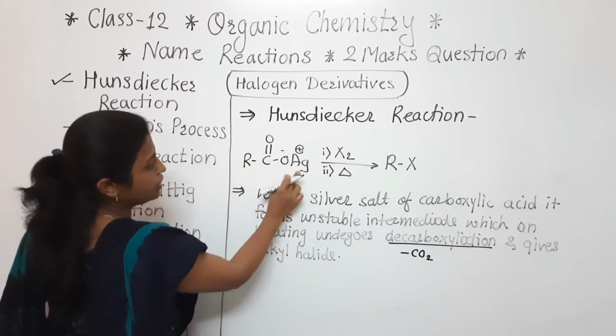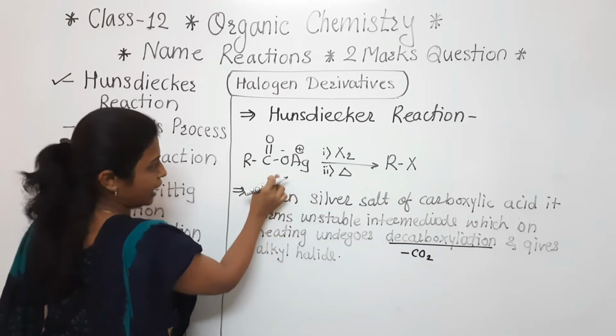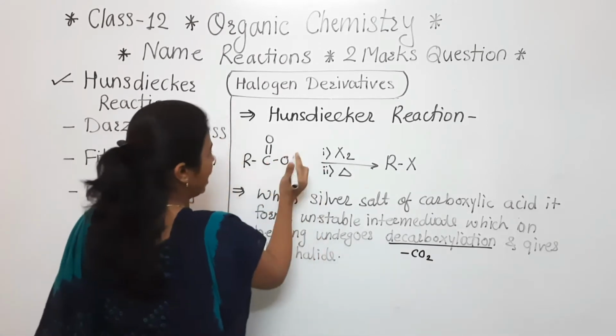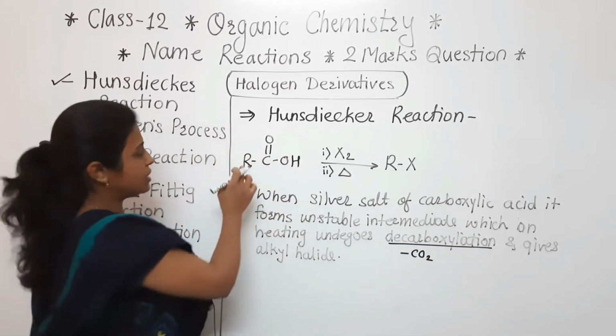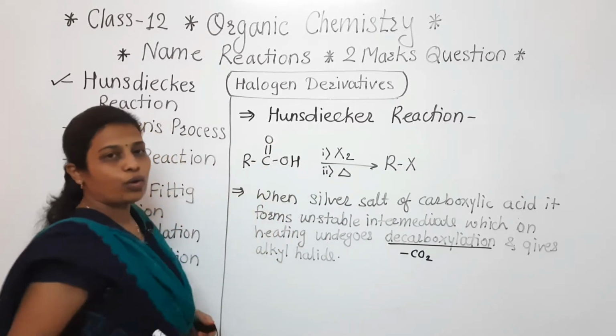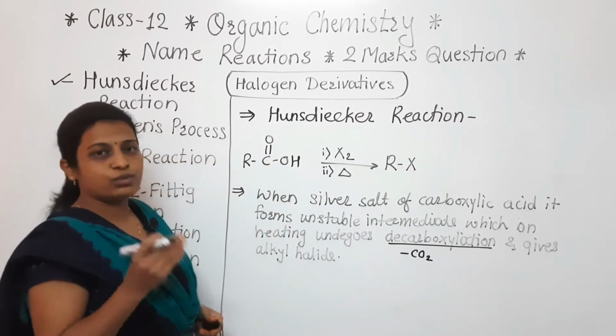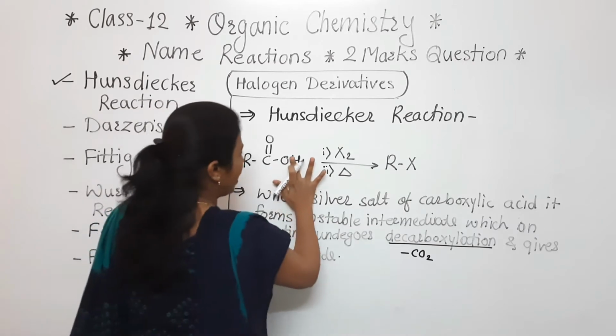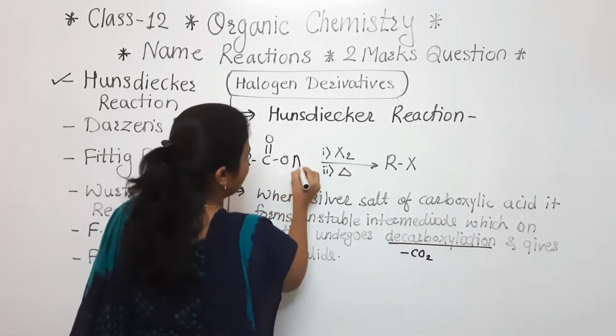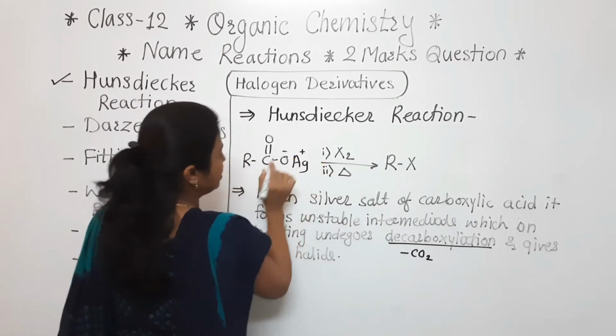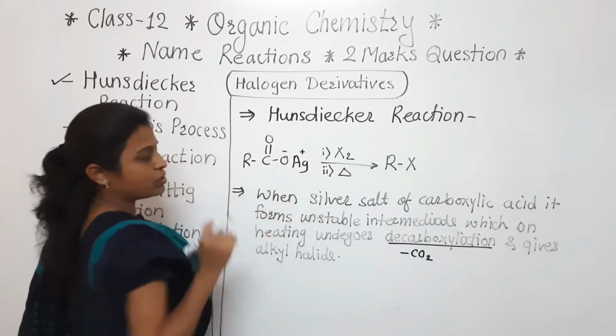Firstly, when we are treating the silver salt of carboxylic acid, because as we know carboxylic acid is nothing but this RC double bond O OH. Sodium salt, potassium salt, silver salt means that hydrogen is replaced by that particular metal, and that's why it is the silver salt of carboxylic acid.